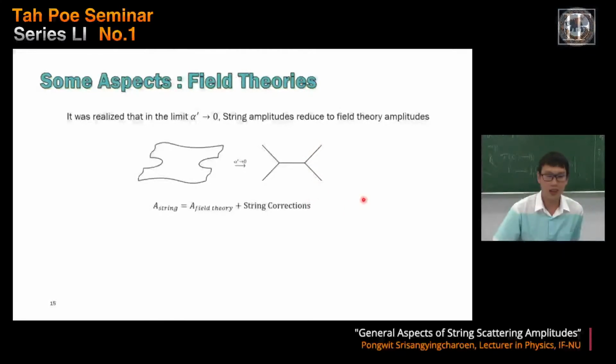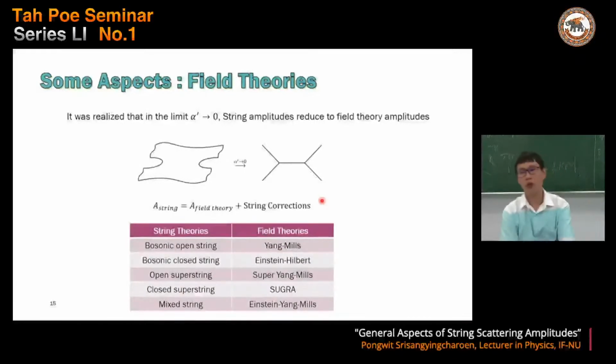To translate into words, it means that the string scattering amplitude is equal to the field theory amplitude plus some string correction, which depends on alpha prime and higher orders of alpha prime. Of course, we have a lot of string theories to deal with, so they reduce to many field theory counterparts.